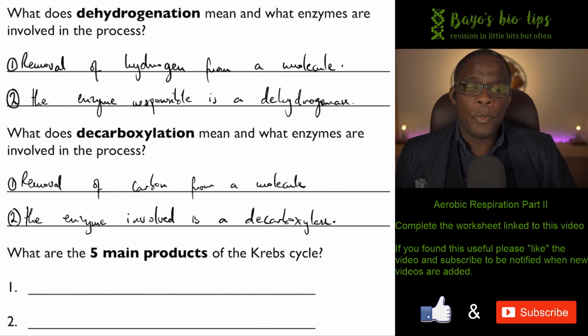So when you remove a carbon atom, the carbon atoms in these biological molecules are very often also bonded to hydrogen atoms. So when you remove the carbon atoms, you also have to remove hydrogen atoms. So generally speaking, at any of the steps in the Krebs cycle where the number of carbons in the molecules drops, you're going to need decarboxylases and dehydrogenases in order to facilitate those changes.